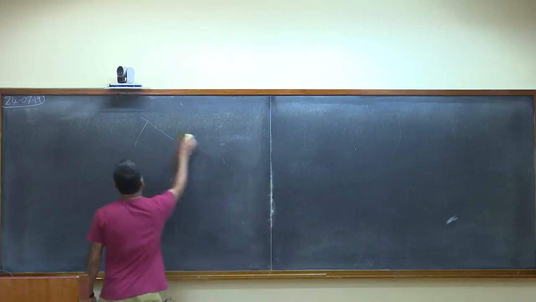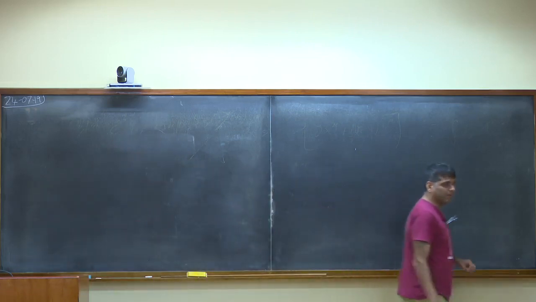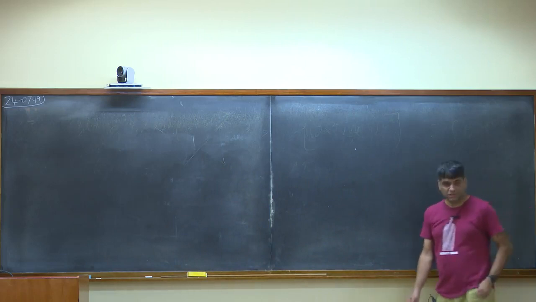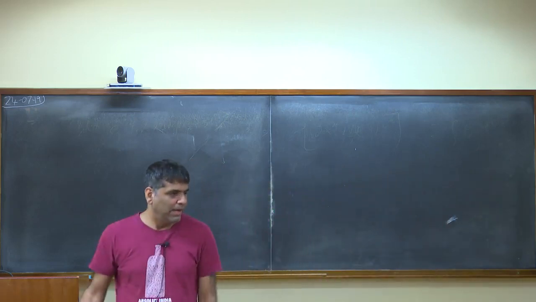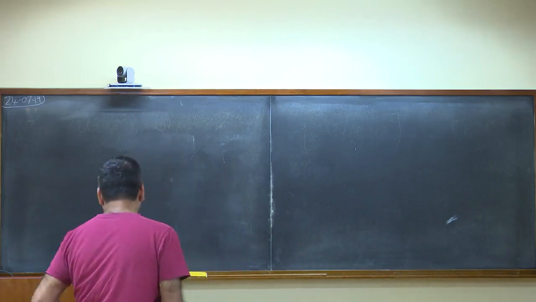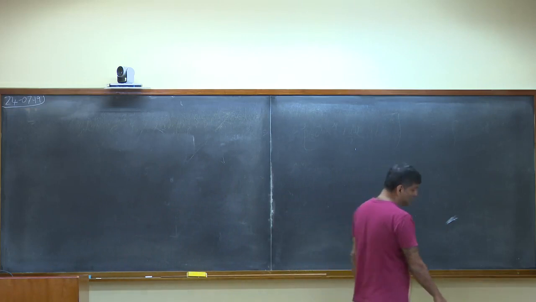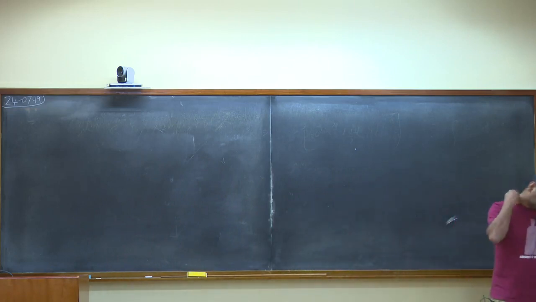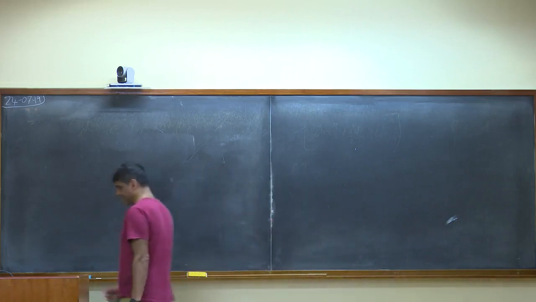Okay. So in today's class, our plan is to study 4-point functions. As we remarked last time, 3-point functions are very tightly constrained by kinematics. 4-point functions are much less constrained by kinematics, so the study of 4-point functions is interesting.